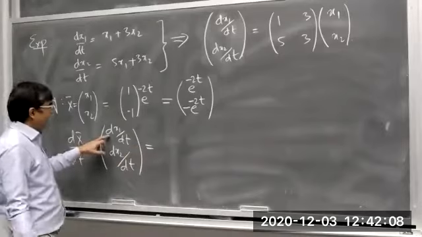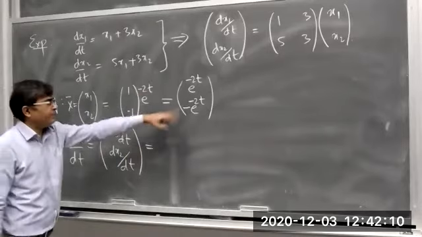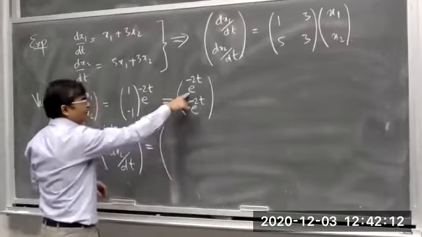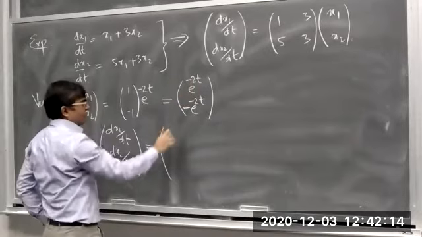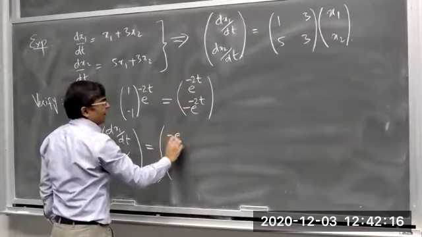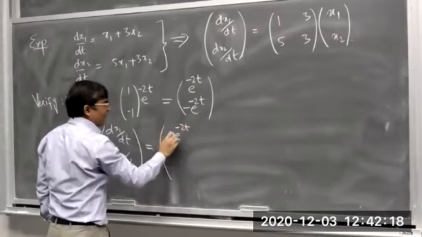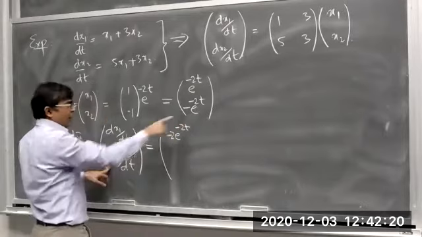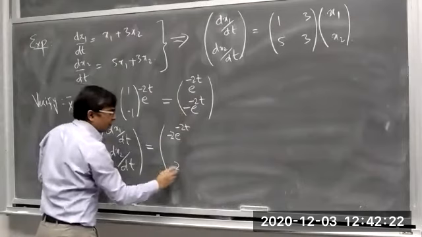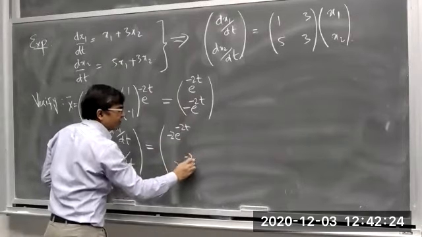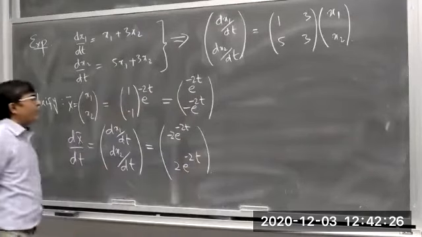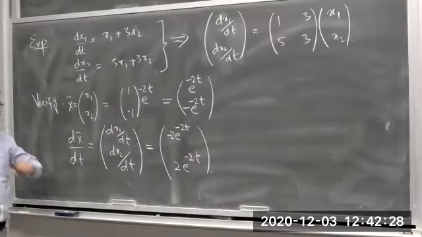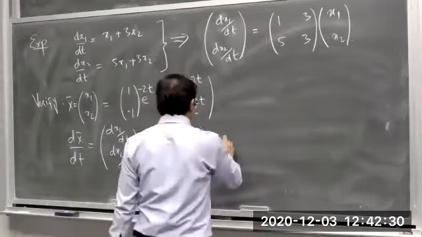We need to take the derivative separately of each solution. So its derivative is what? The derivative of e raised power minus 2t is minus e raised power minus 2t, and minus 2 as well. And here minus minus becomes plus, so it becomes 2 e raised power minus 2t. So this is the derivative of the solutions x1 and x2. This is your left hand side.